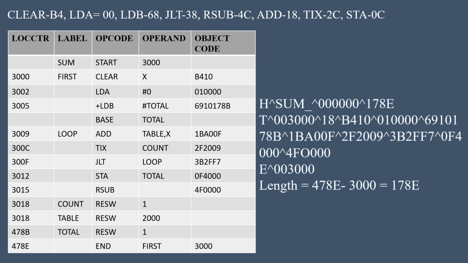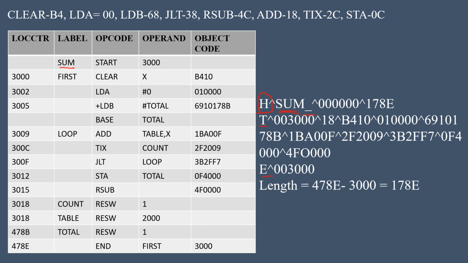Here we have already calculated the object code for the given program. With the help of this, we need to generate the object program. In the object program, we have 3 sections: header section, text section, and end section, where the first column in the header section is always H, and the next 6 columns are taken as the name of the program, that is SUM. So SUM is taken in the first 3 columns, then the next 3 columns are left blank.